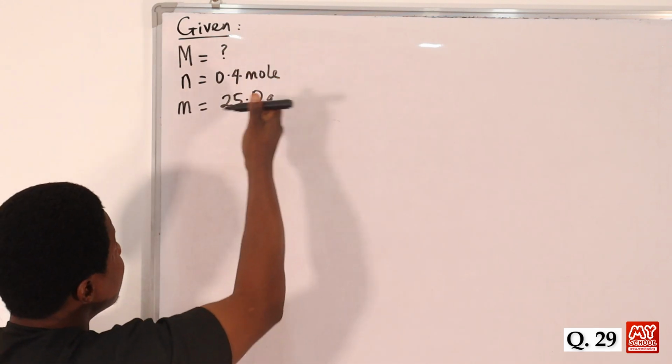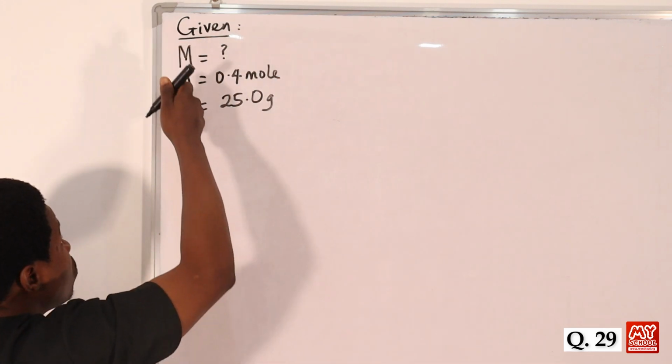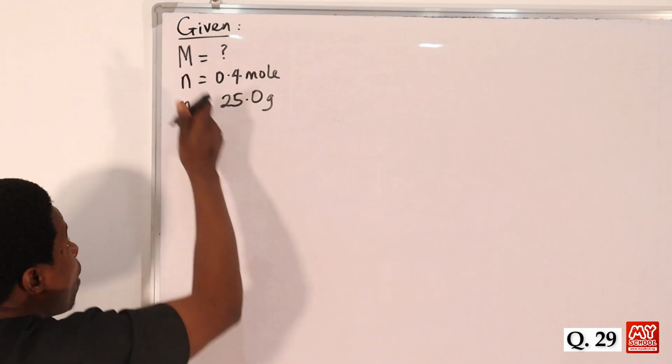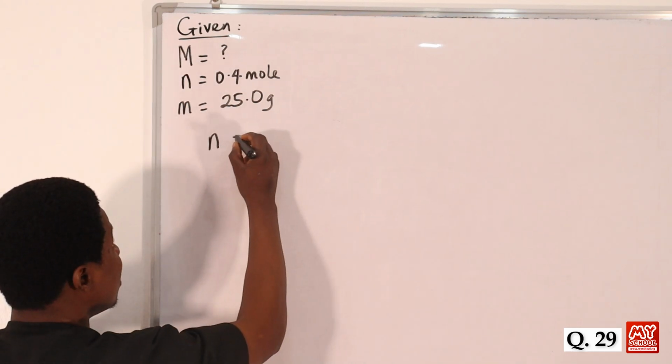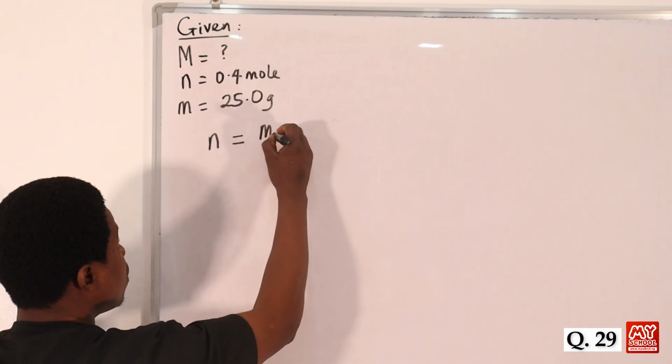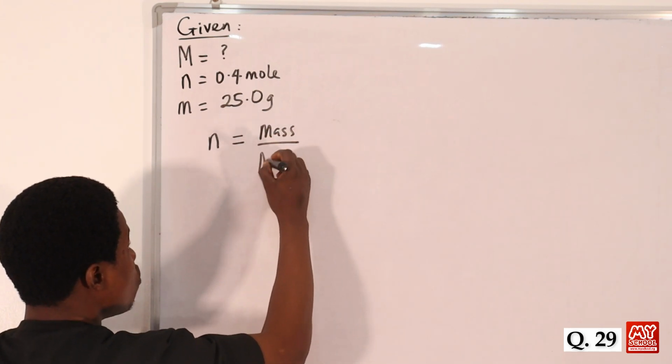Of course, this is so easy. We know there's a relationship between number of moles, mass, and molar mass. Number of moles is equal to mass over molar mass.